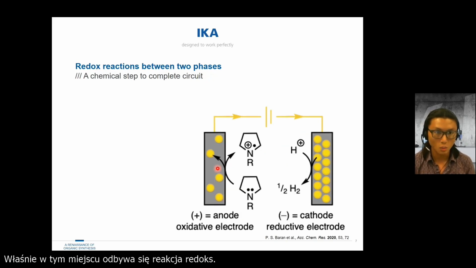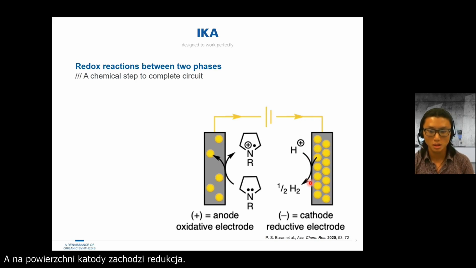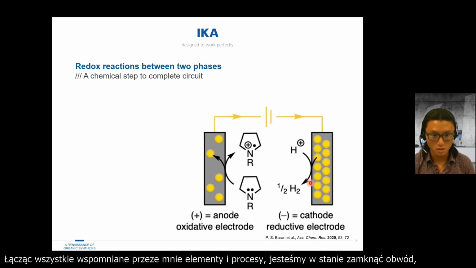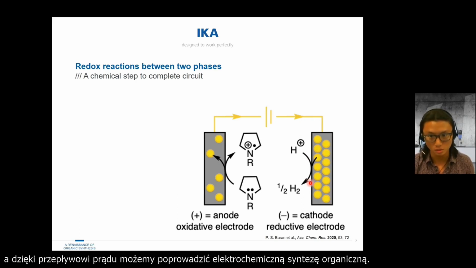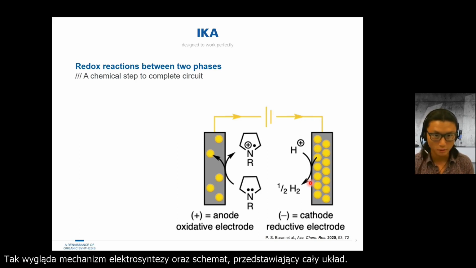And that is where redox reactions take place. So on the surface of the anode, oxidation takes place, and on the surface of the cathode, reduction takes place. Combining all those factors I have mentioned, we are able to finish the circuit. And with electricity going through, we can run synthetic organic reactions. So that is the mechanism of electrosynthesis.